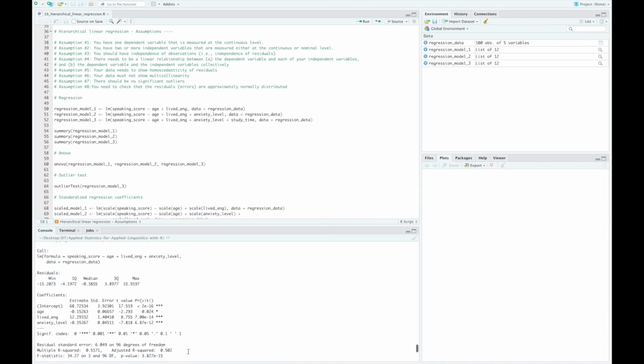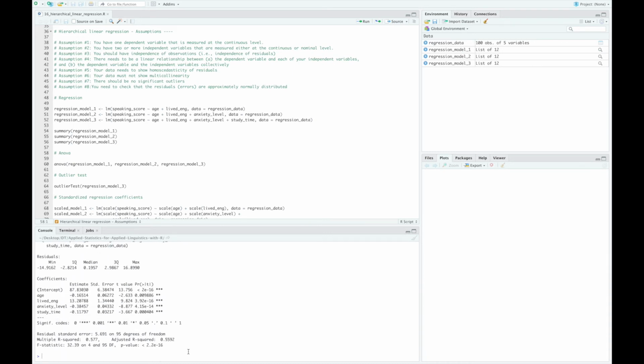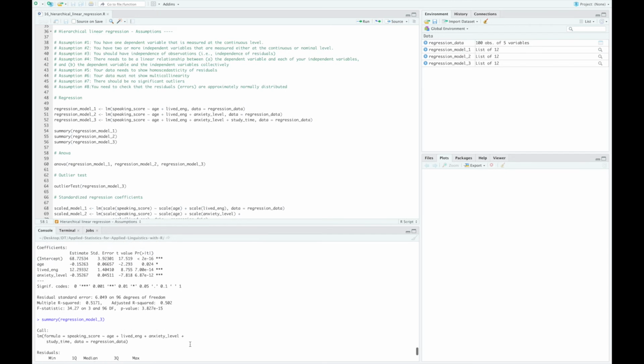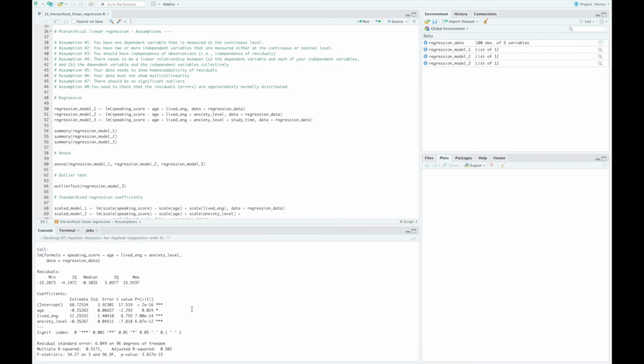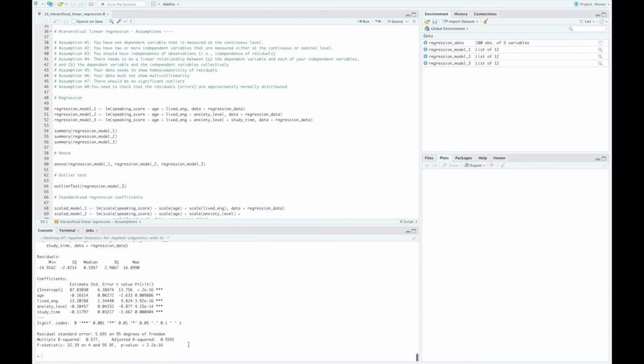Because we're working with R, you would have to do this calculation manually, but you have the information here. So for example, in the third model, you can see what your R² is, and then you can take a look at your second model, and you can do the same thing for your first model, along with your other coefficients and any other information that you want to include in your write-up afterward.